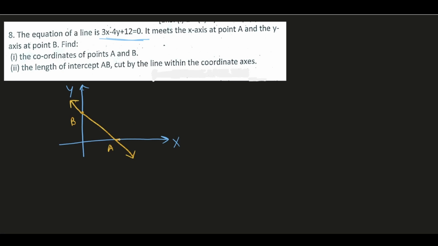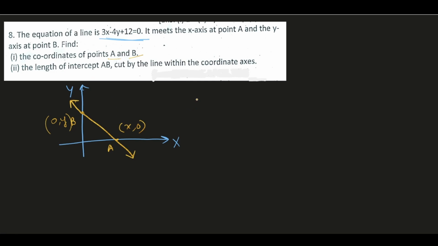Starting with the basic concept, the coordinate of this point A will be x comma 0, and on the y-axis the coordinate of this point B will be 0 comma y. We have to find the coordinates of points A and B. So in a way they are telling us to calculate the value of x and y.